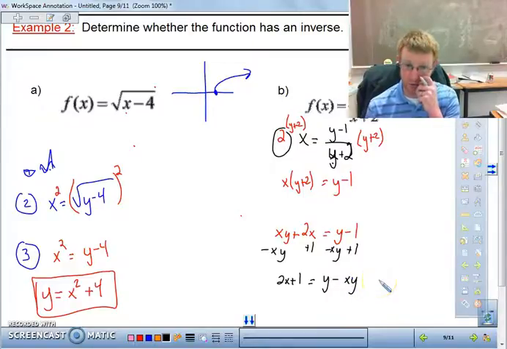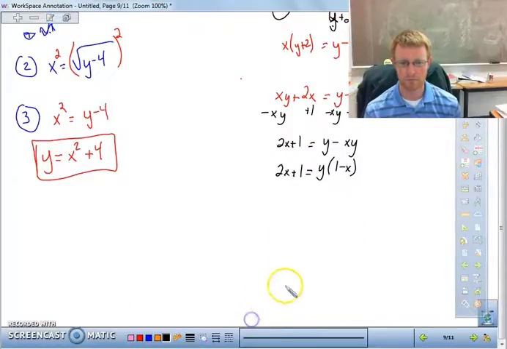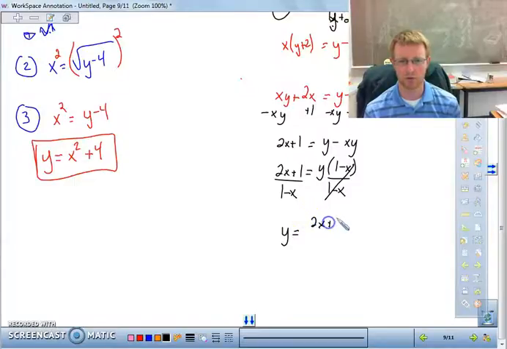So now what we can do is, because we only have y's on the right-hand side, we can factor out a y. So this will become y times (1 minus x). So that's factoring a y off of each term. And then we can now divide both sides by 1 minus x. And we've now isolated y. y equals 2x plus 1 over 1 minus x.